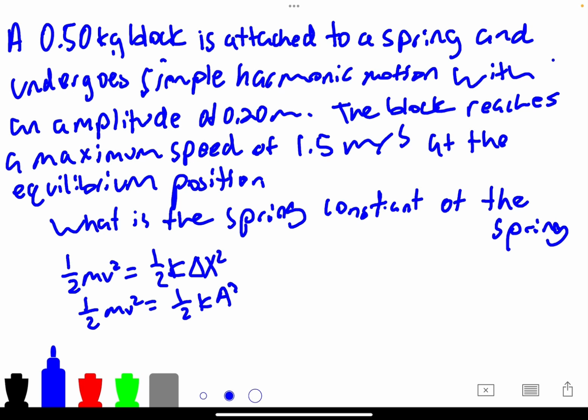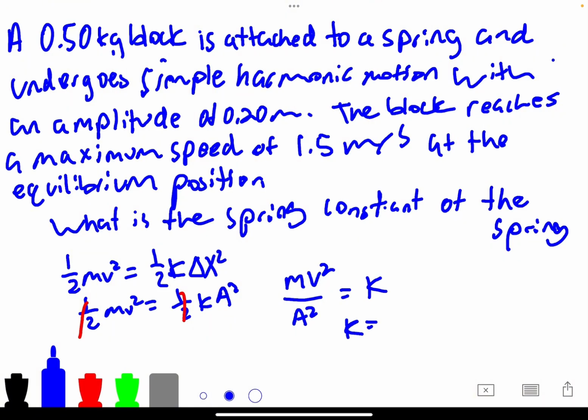So now we want to isolate for k. The 1/2s go away, and we want to divide by A squared. So we want to do mv squared over A squared to get k.